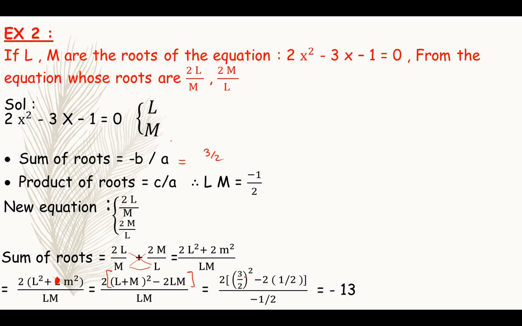We are going to put the sum of the roots equals 3 over 2 and the product of the roots negative 2 multiplied by LM, the product of the roots, which is equal to negative half. Negative half over negative half, and the result will be negative 13.